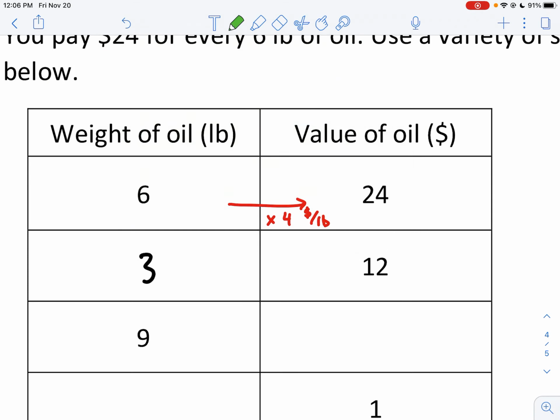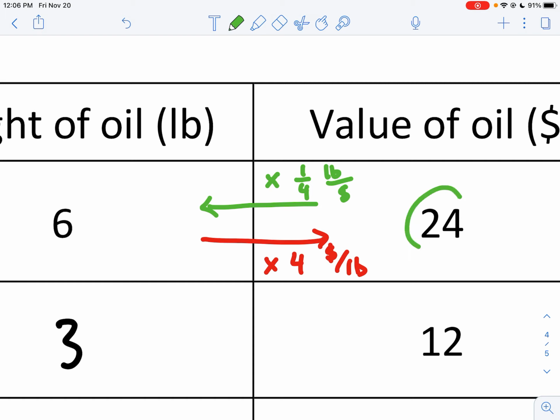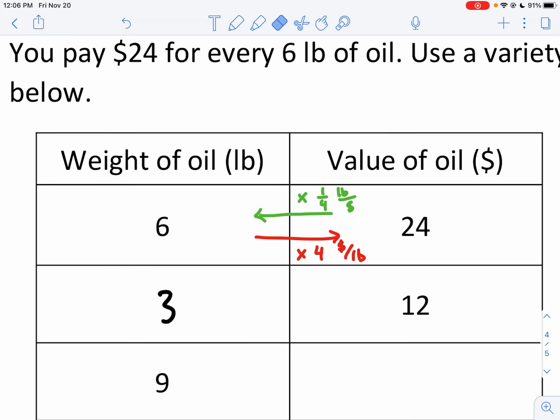To go backwards in the table, from right to left, from one column to the next column, I would multiply by the other unit rate, which is the reciprocal. So multiply by 1/4 instead of 4, and it would be pounds per dollar instead of dollars per pound. So if I take 24 and I multiply it by 1/4, I get the 6 if I want to go that direction.